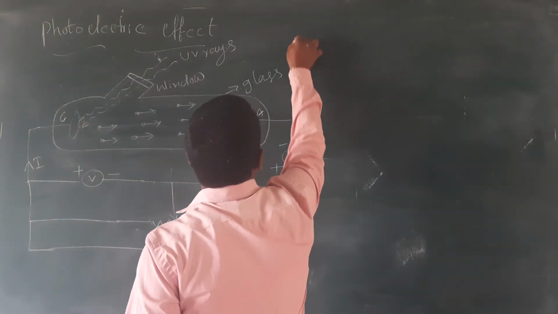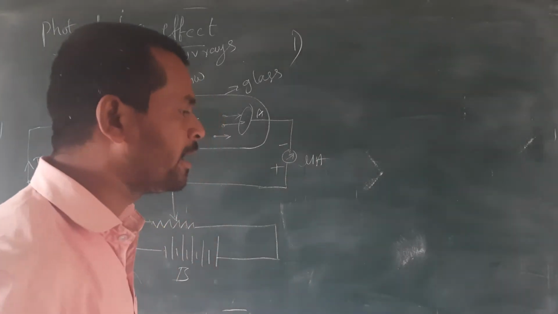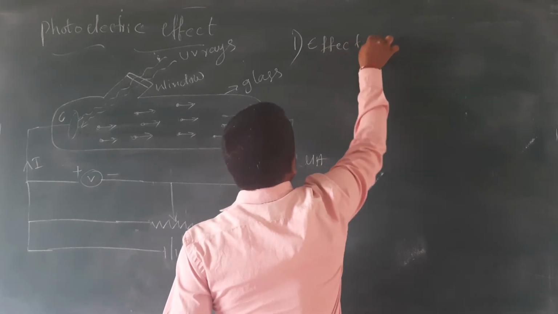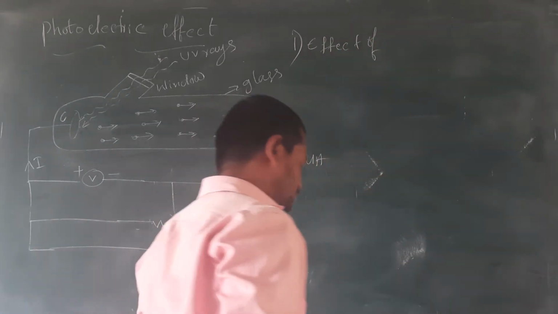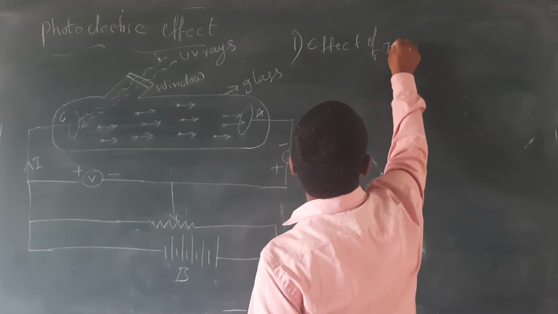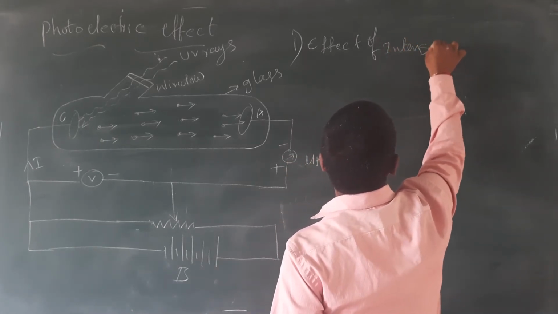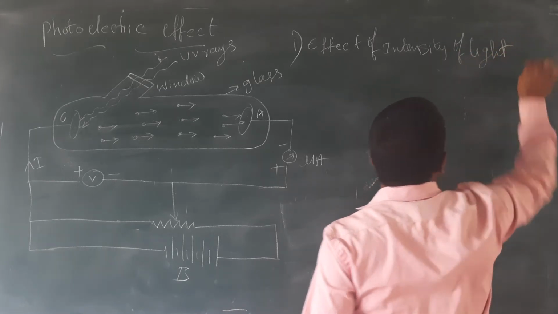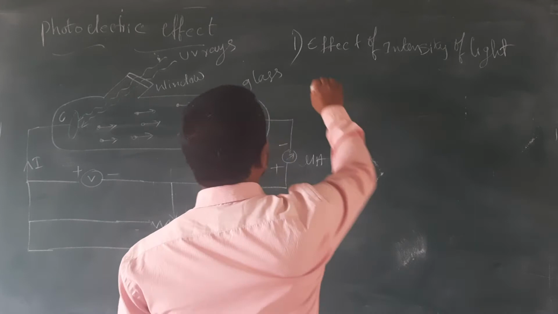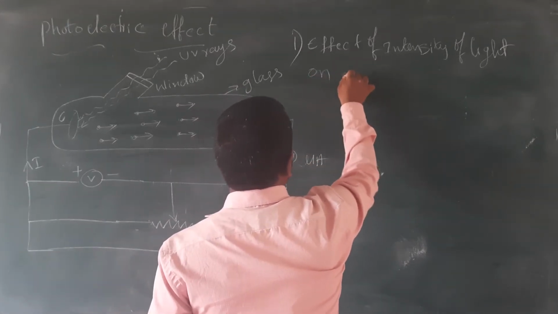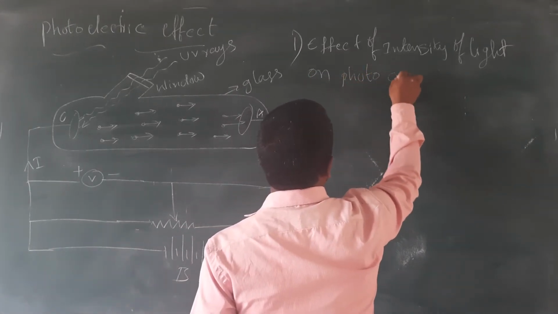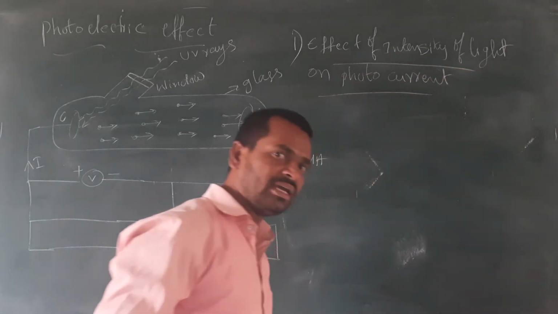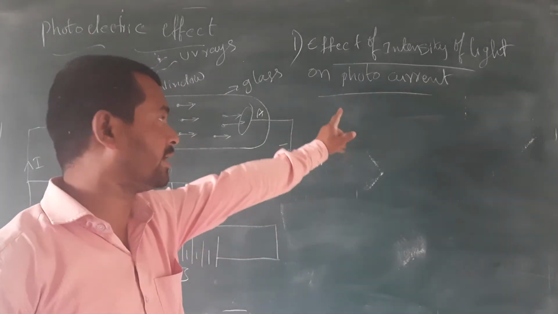In this gap, the first point is the effect of intensity of light on photocurrent.